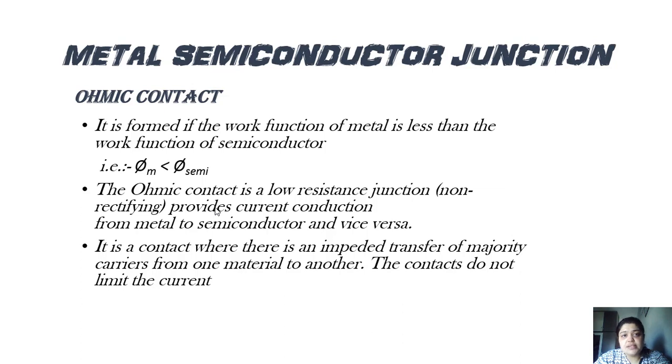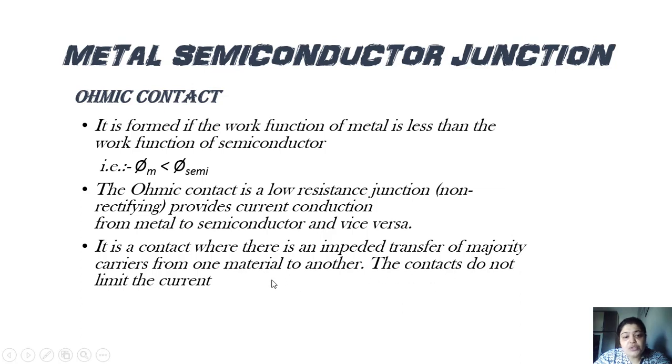That is the reason it is a non-rectifying junction which provides current conduction from the metal to semiconductor and vice versa. That is, it always allows flow of electrons from one terminal to the other, unlike the Schottky junction. It is a contact where there is an unimpeded transfer of majority carriers from one material to another.